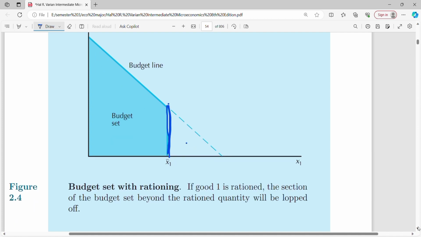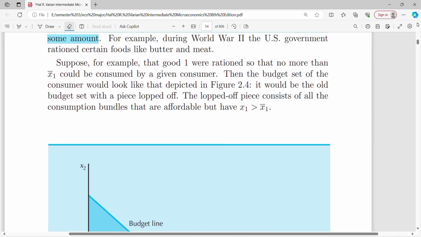So if good 1 is rationed, the section of the budget set beyond the rationed quantity, X1 bar, will be lopped off. The lopped off piece consists of all consumption bundles that are affordable but greater than X1 bar, which is the granted quantity to be consumed.